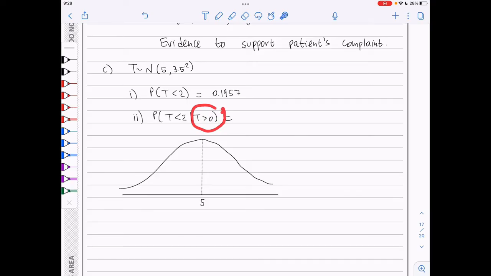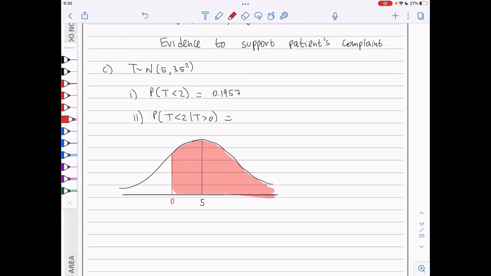So we know that we're greater than 0, so I will draw the line here. 0 is here. So we are certainly in here. And the question is, what's the probability we are actually less than 2? So this is conditional probability. We know for sure that we are within this region, which I'm shading here in red.